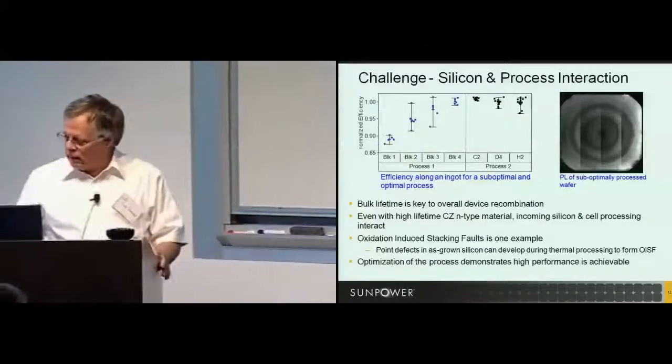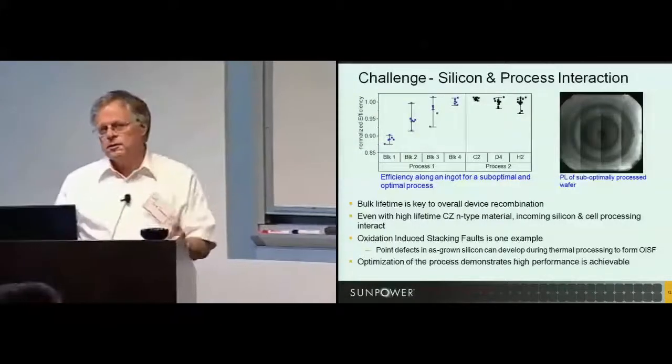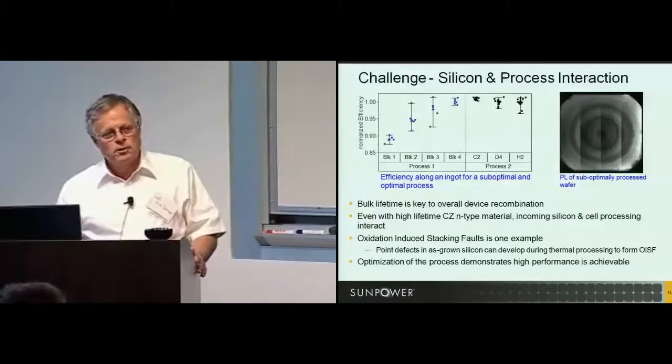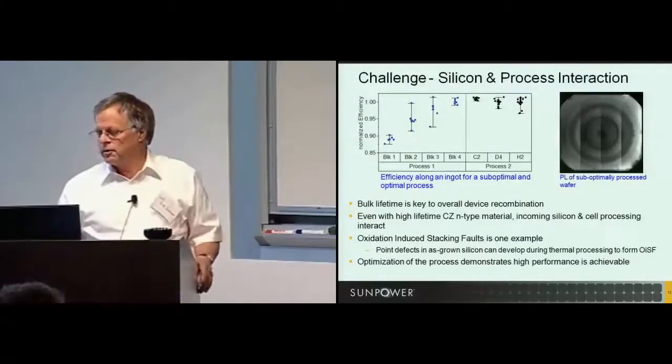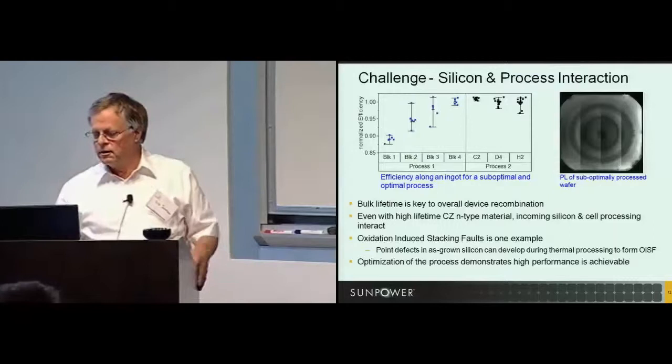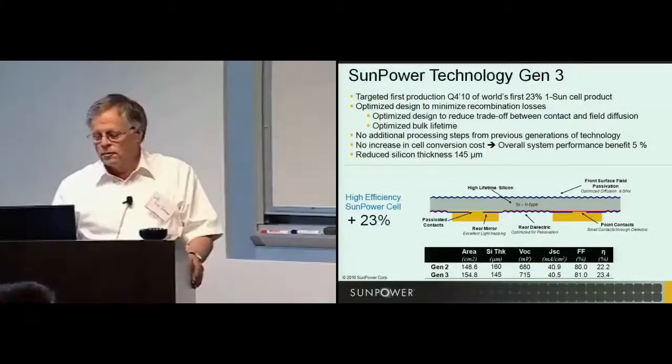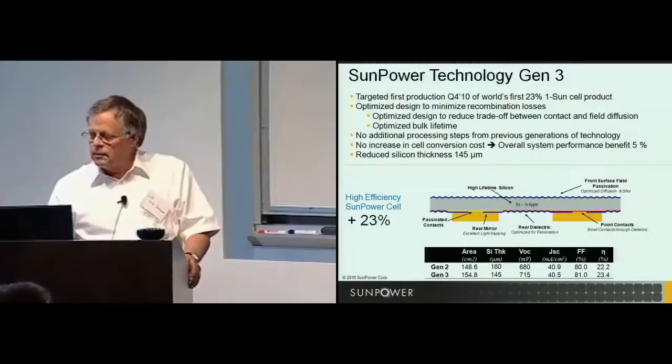And so those who are working in silicon solar cells have to understand this very carefully because it's very easy to create these striations and destroy the cell efficiency. So our Gen 3 cell now is going to be over 23% that we're coming out with.